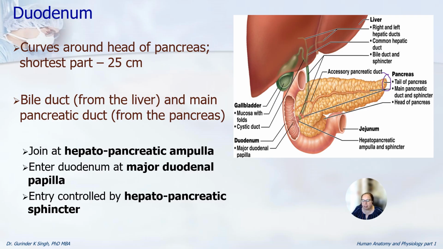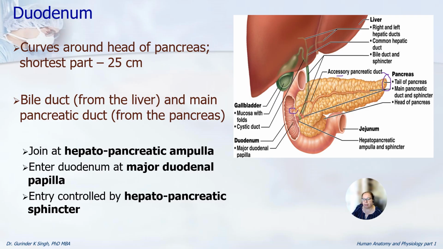The pancreas has 2 major ducts, which collect all the enzymes it produces as an exocrine gland. One is the main pancreatic duct, and then we also have the accessory pancreatic duct. The accessory pancreatic duct has its own opening in the duodenum.